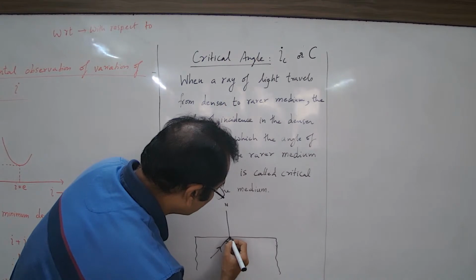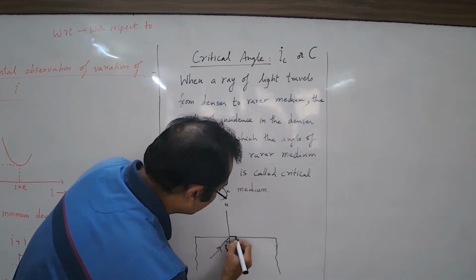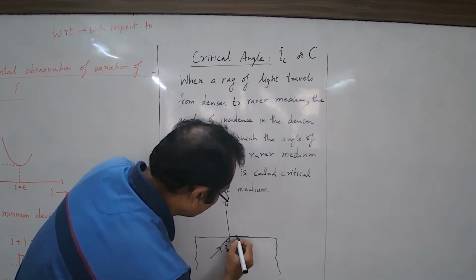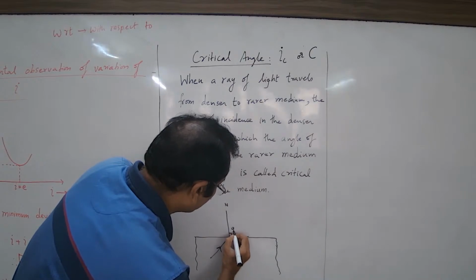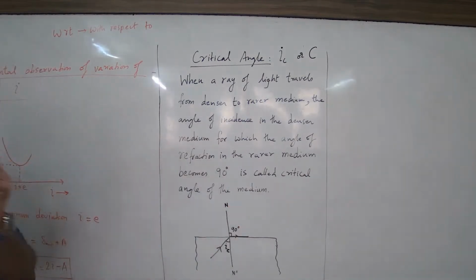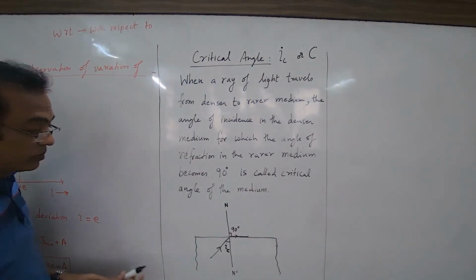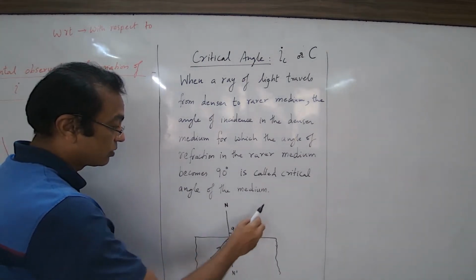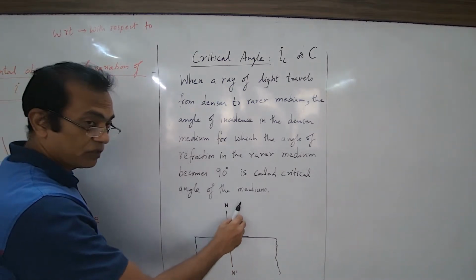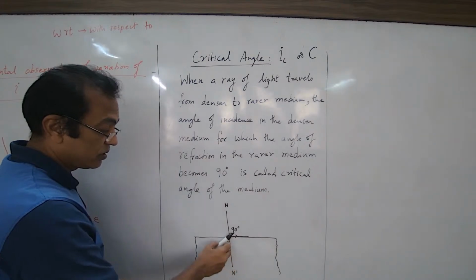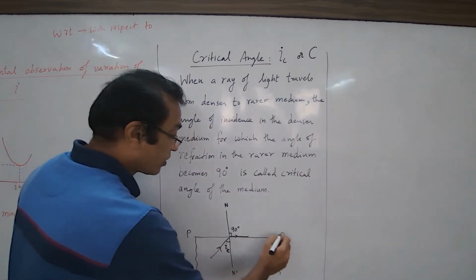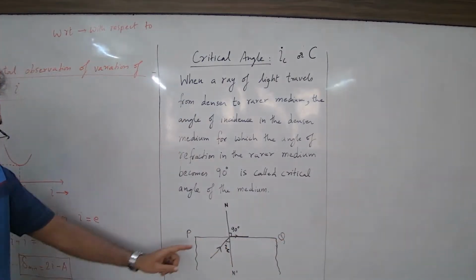At IC, the angle of refraction is 90 degree. Understood? So we have seen cases where it is gone away from the normal, but when I go on increasing the angle of incidence, angle of refraction is always more. So for some angle of incidence, the refracted ray will be parallel to the refracting surface. Correct?